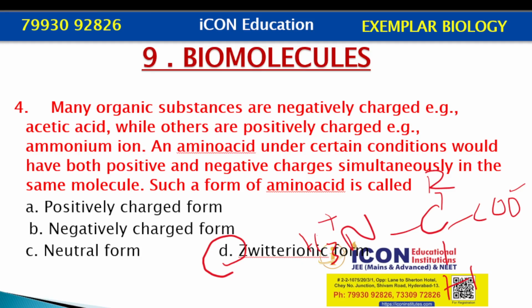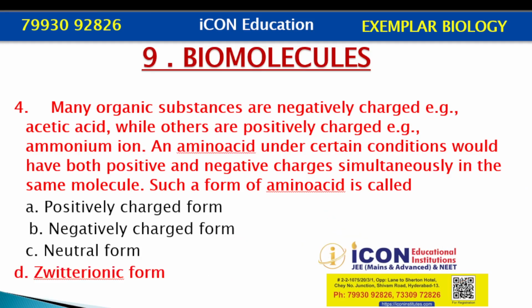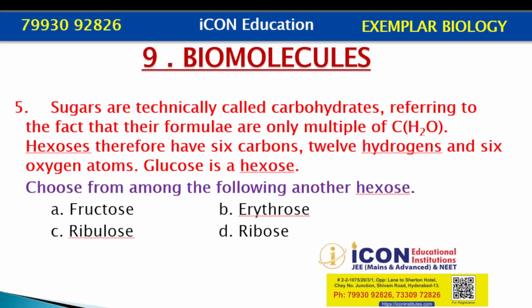Question number 5. Sugars are technically called carbohydrates, referring to the fact that their formula are only multiples of CH2O. Hexoses therefore have 6 carbons, 12 hydrogens and 6 oxygen atoms.